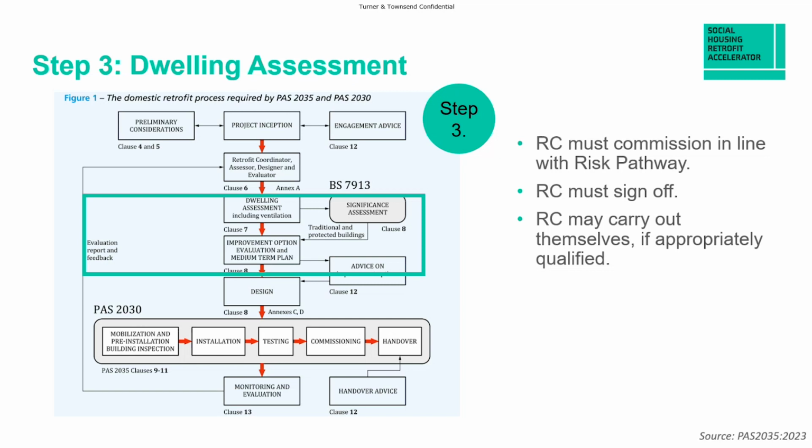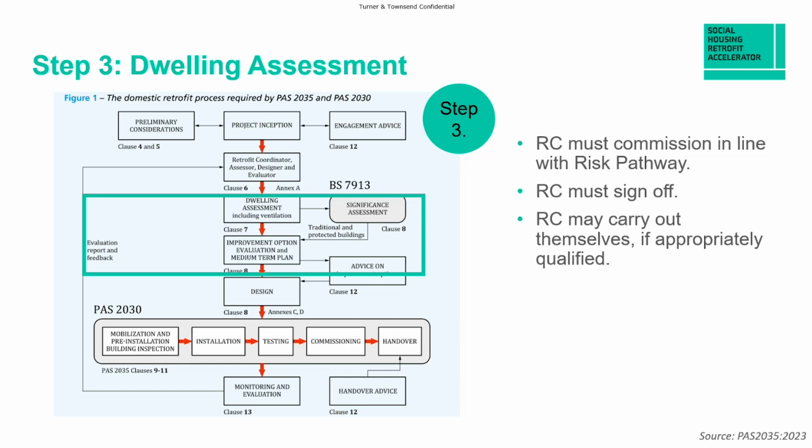The other one is it a specific type of building construction, a system-built form, a high-rise, that type of activity where you need to have a better understanding of the risks attached compared to, let's say, a standard semi-detached cavity wall construction house. So you might want to have a look at that as a different risk profile and who you want to go out and do that type of dwelling assessment.